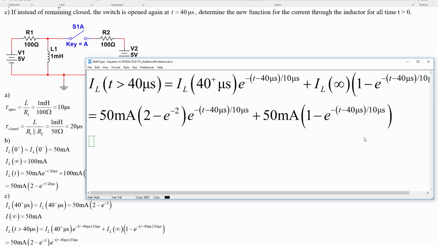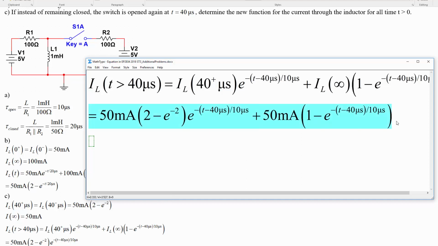And so you could simplify some of this stuff out a bit, because we've got this expression multiplied by 50 milliamps there, and then we have the same expression multiplied by 2 multiplied by 50 milliamps.